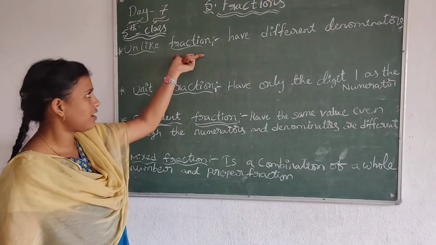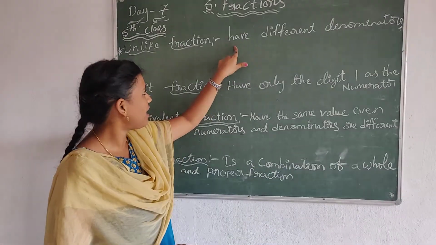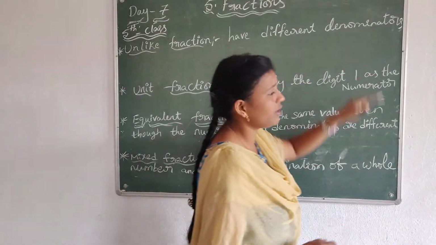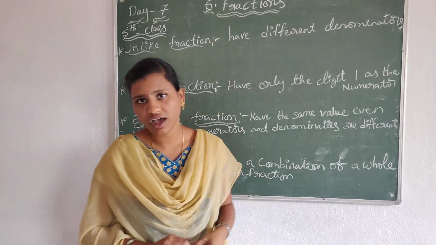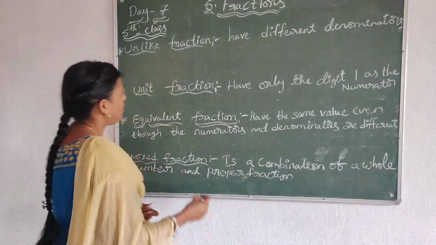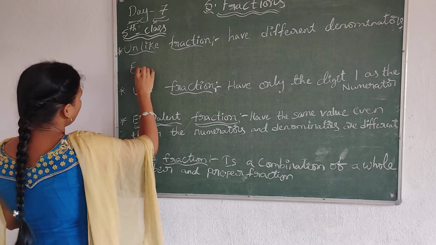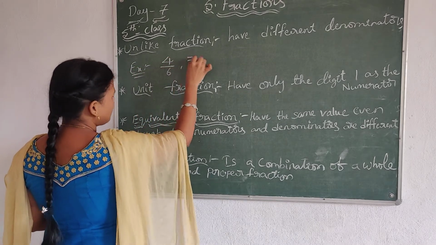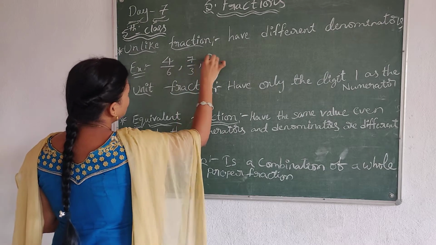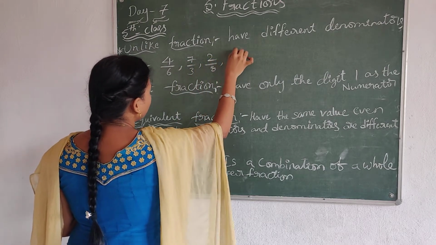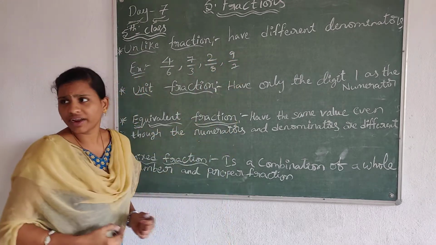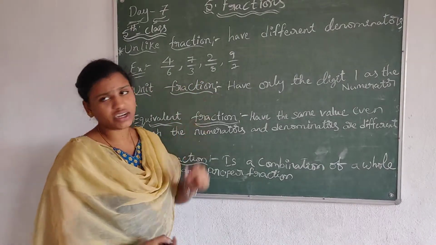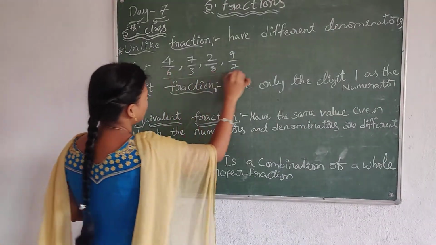Let's come to the unlike fraction. Unlike fractions have different denominators. For example, 4 by 6, 7 by 3, 2 by 8, 9 by 7. Take these 4 fractions. See their denominators.